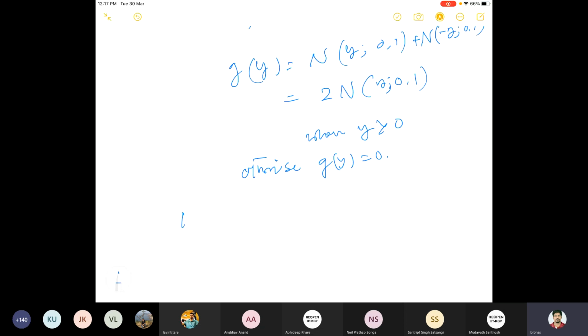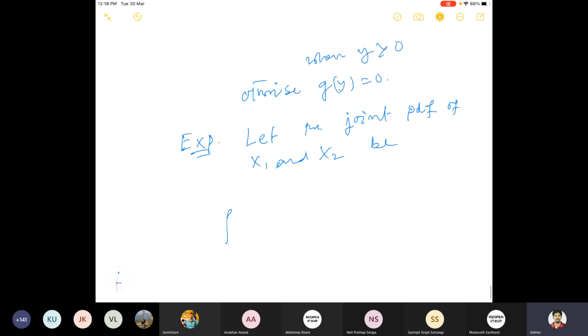Let's see another example, which is a function of two variables. Let the joint PDF of two random variables X1 and X2 be f(x1, x2) equal to 6 e to the power minus 3x1 minus 2x2, when x1 is bigger than 0 and x2 is also bigger than 0, and 0 otherwise.